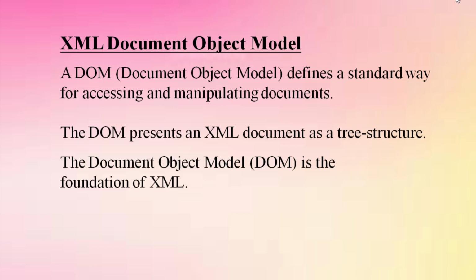It defines a standard way to access and manipulate documents. The Document Object Model is a programming API for HTML and XML documents. It defines the logical structure of documents and the way a document is accessed and manipulated.